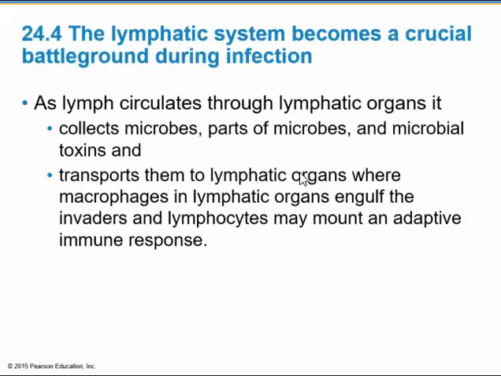Macrophages are located in the lymphatic organs, which include lymph nodes, and that's where these invaders can be engulfed and digested. And also, lymphocytes may mount an adaptive response from the lymphatic organs.